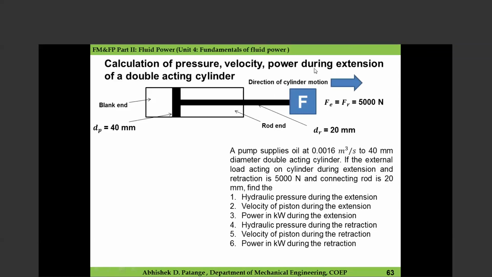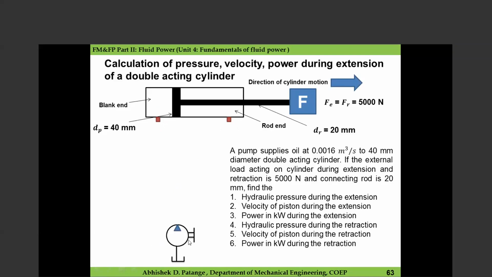Since we are going to calculate pressure, velocity and power during the extension stroke, as we know that direction of cylinder motion is from left to right. So this indicates the direction of cylinder motion during extension. Now we know that there is one port at a blank end and one port at a rod end. So it is called as double acting cylinder because oil will act on both the ends of the piston.